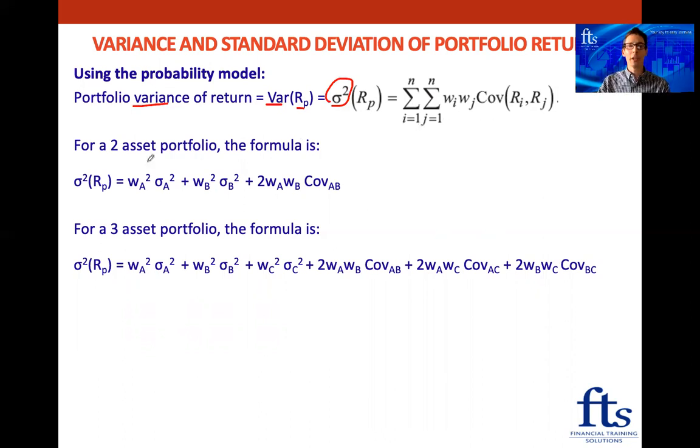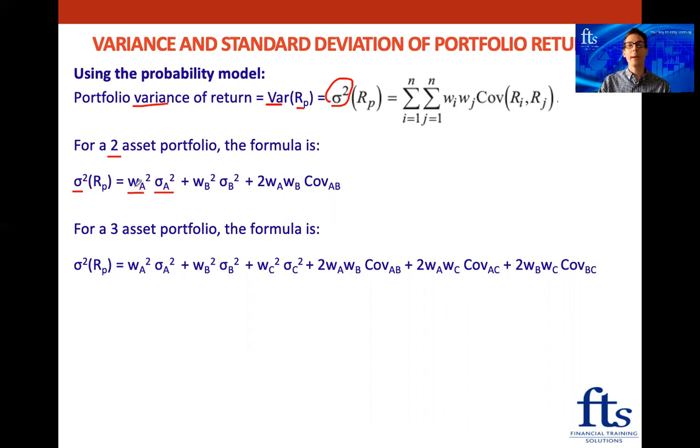So we're going to see how it works if we've got a 2-asset portfolio and a 3-asset portfolio. By portfolio, they mean more than one asset. So if we've got a 2-asset portfolio, to work out sigma squared, the variance of the portfolio, we can almost think of it like a weighted average of the variances, because now we've got 2 assets, asset A and asset B. So we need to take the variance of asset A and multiply that by the weight.